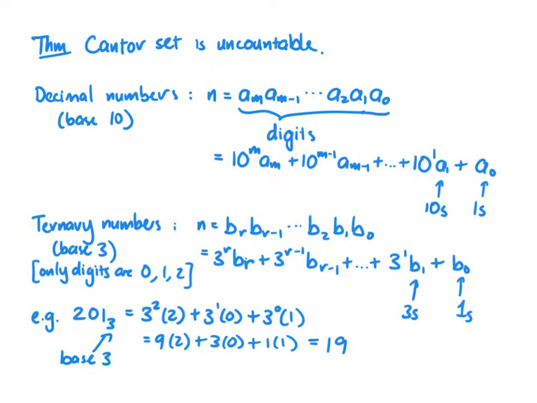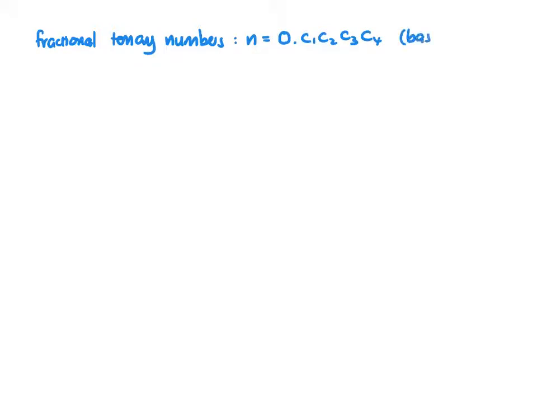Okay, so to get to the Cantor set, we need to talk about fractional ternary numbers. So instead of decimal places, we'll be talking about ternary places. Let's say we have a fractional ternary number, something base 3 written like this: 0.c1 c2 c3 c4, and this number is base 3.